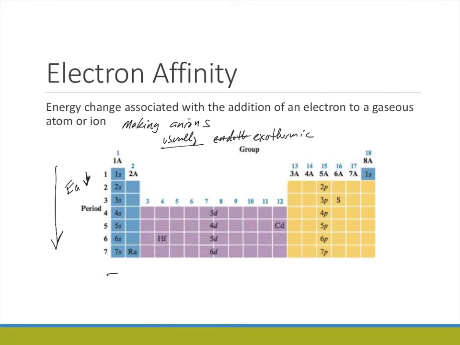And as we go across a period, electron affinity is going to increase. So it is just the opposite of the atomic radius, as is ionization energy the opposite trend of atomic radius.